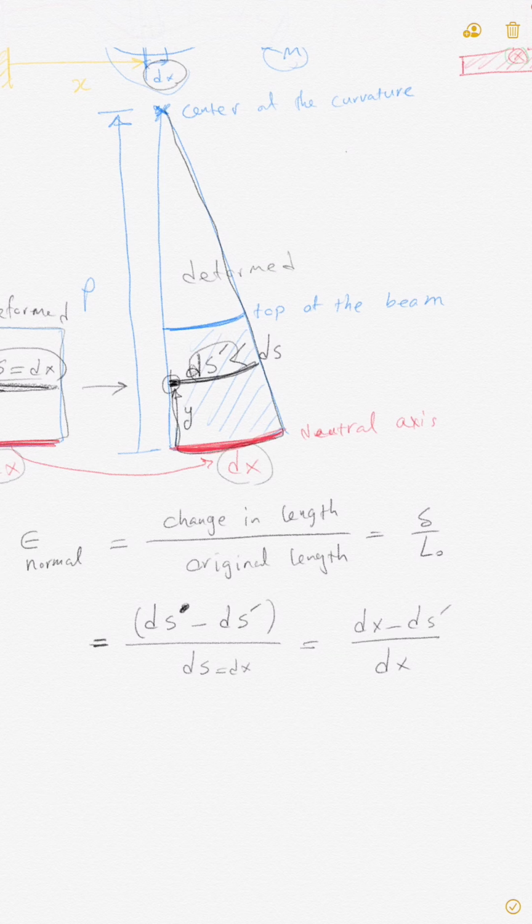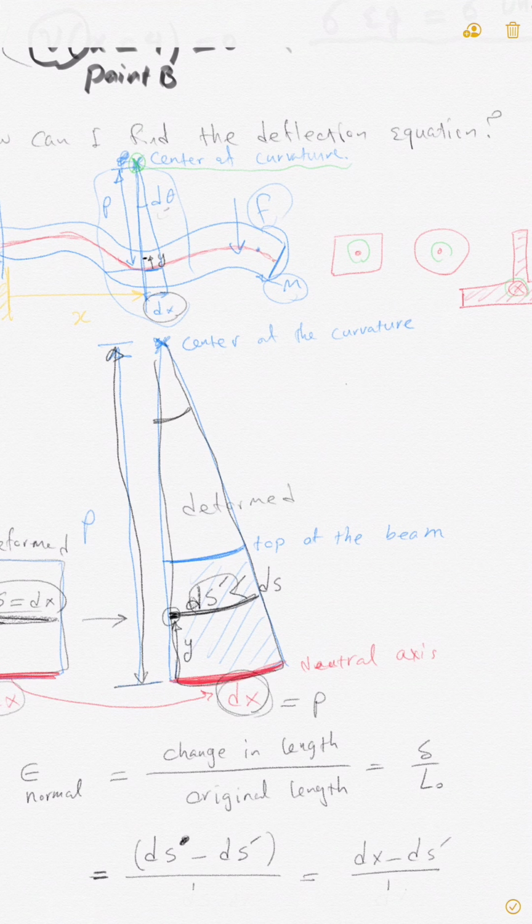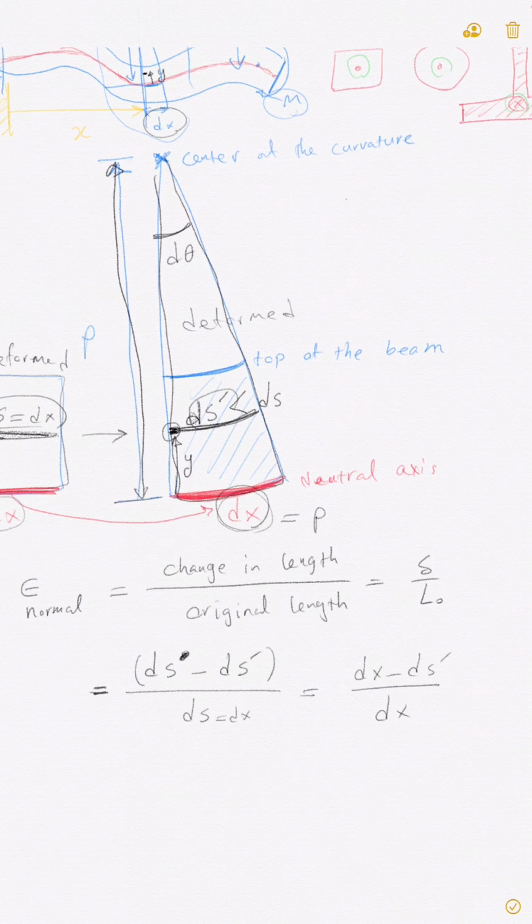Okay, so now I'll go to this general arc right here. What can we write for dx? From that arc, I can write dx is equal to rho, which is the radius of curvature, from here to the top, times this angle. And what is that angle? That angle was, look at here, d theta. So rho d theta is my dx. Look at this equation.